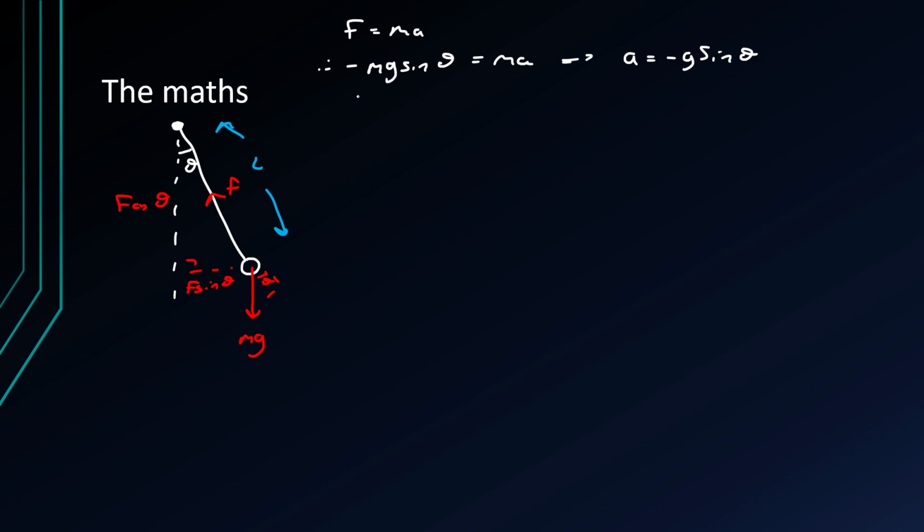We can replace a with minus omega squared x, and we can make that positive. Now, for small angles, the distance, so this thing in yellow, the distance actually called x, is approximately equal to L times the sine of theta.